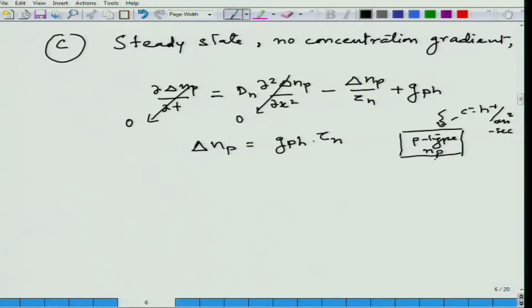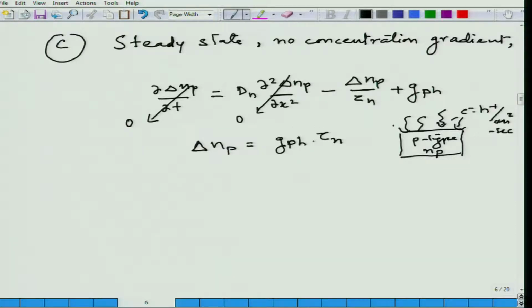Eventually the electron and hole concentration in the semiconductor will increase, that will increase the recombination rate for those carriers, and then it would eventually lead to a steady state. Hence, I say it is a steady state solution, the first term goes to 0, and I take a material for which I am shining light uniformly everywhere. So, it is not that there is more carrier concentration here compared to here.